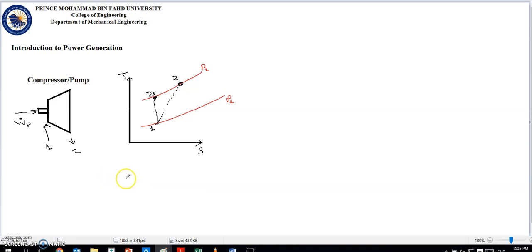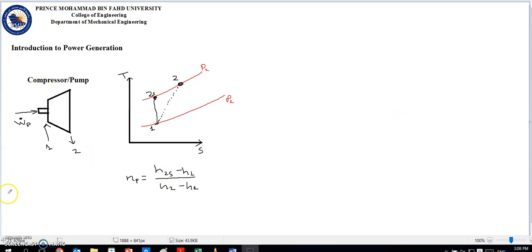So this is going to be eta_P equals (H2S minus H1) over (H2 minus H1).